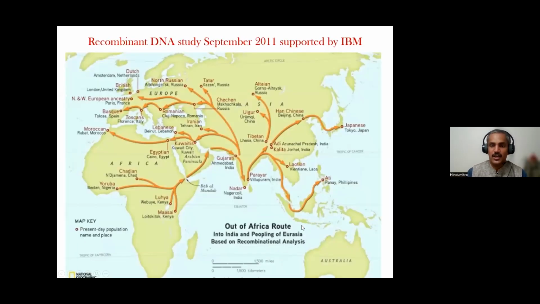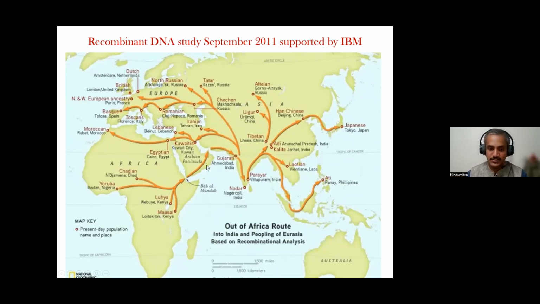This is supported by the 10-year-long study by IBM, published in 2011, which gives the final route map of human migration. This is also based on the out of Africa theory, that is, assuming humans evolved in Africa and took an eastern route through the Arabian Peninsula.